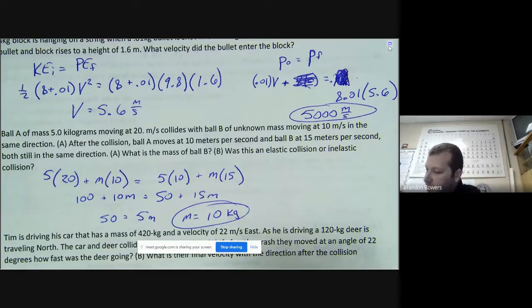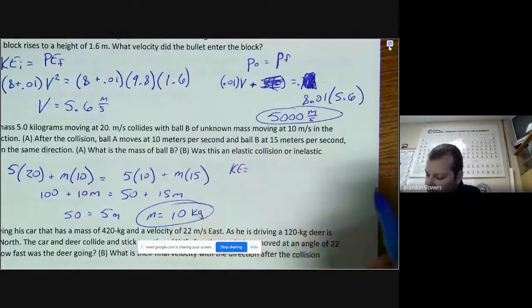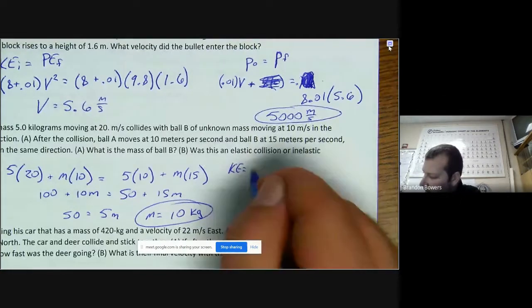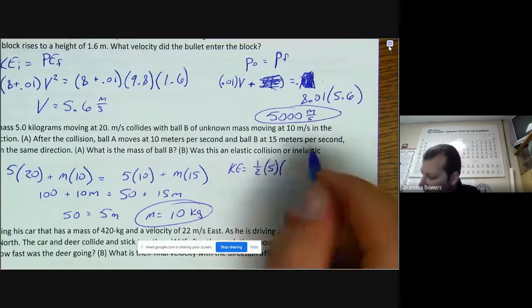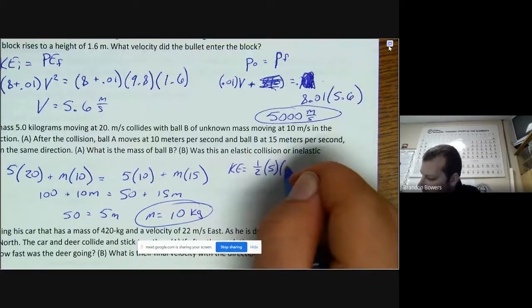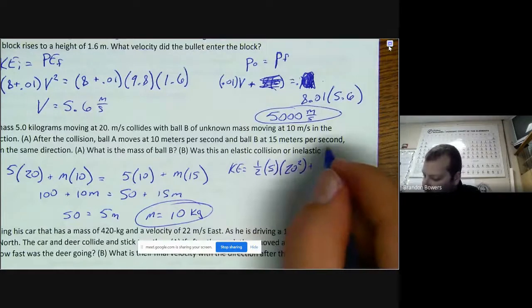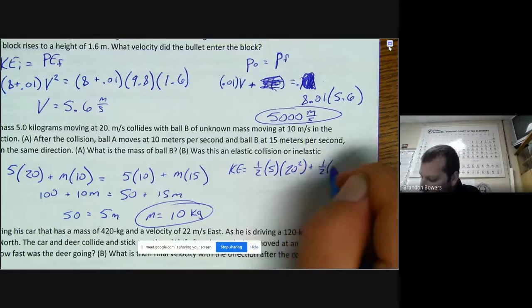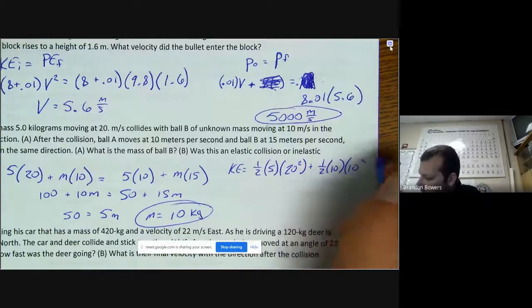So we look at my kinetic energy initial: 1/2 mass of the first ball, 5, times its velocity squared, 20 squared, plus the other ball's initial energy, 1/2, 10 times 10 squared.